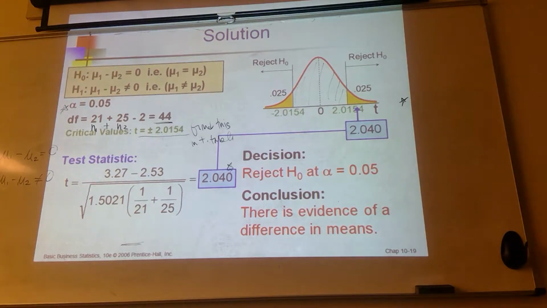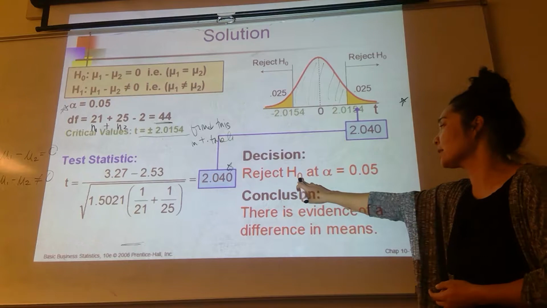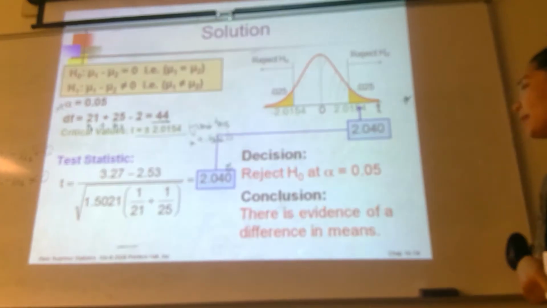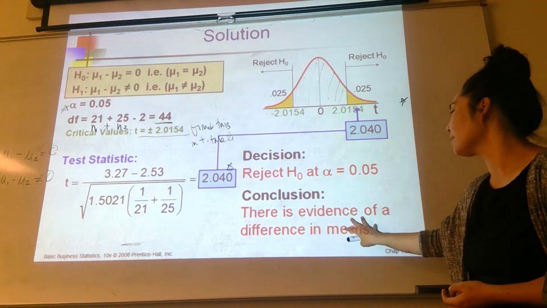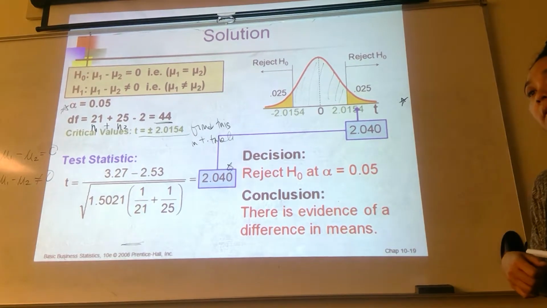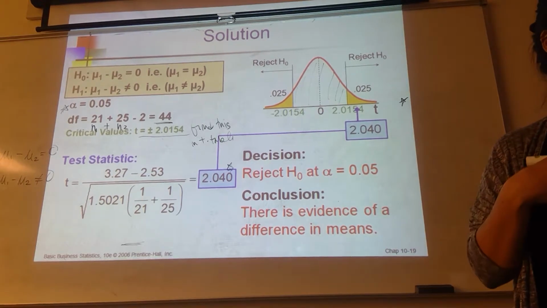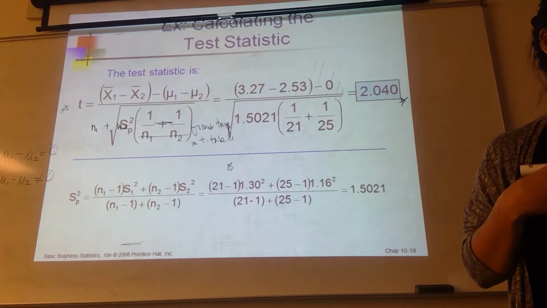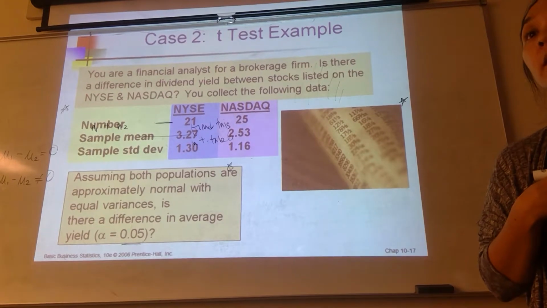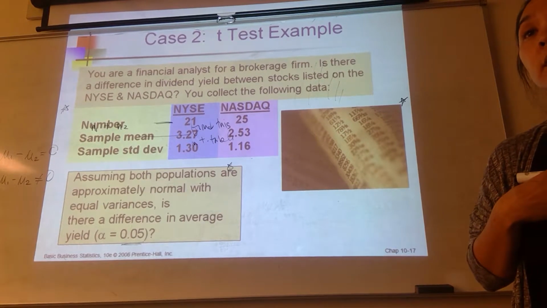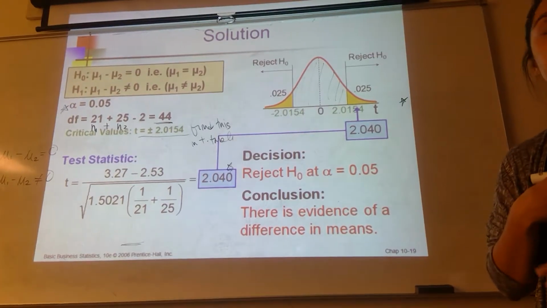It falls outside the non-rejection region. So our decision is that we reject the null hypothesis at alpha equals 0.05. And the conclusion is there's evidence of a difference in means. Okay, so all of the steps kind of have to happen, even though we're doing it in Excel. Regarding our conclusion, we have to restate our decision as well.